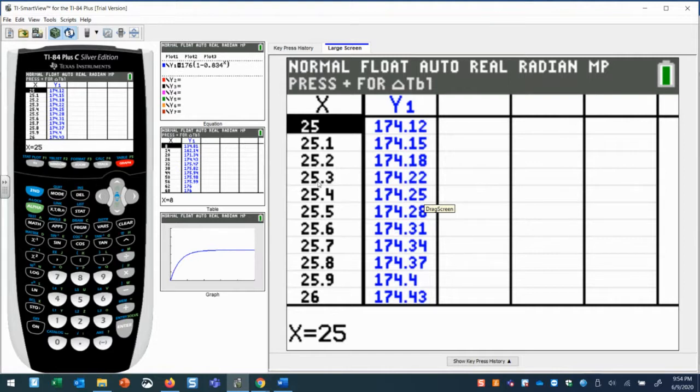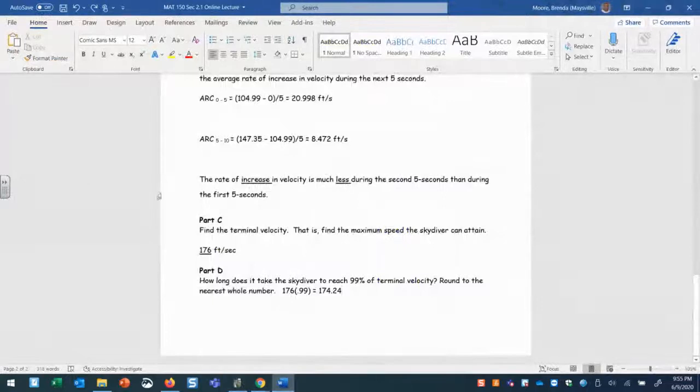So I'm going to predict it would take 25 seconds for the skydiver to reach this velocity here. I must answer in a complete sentence as a question. So it would take the skydiver 25 seconds to reach 99% of terminal velocity.